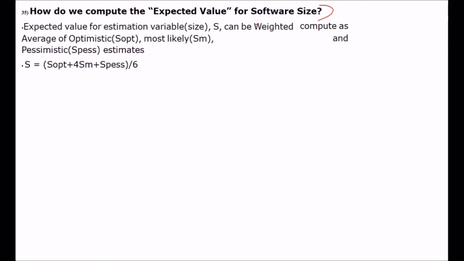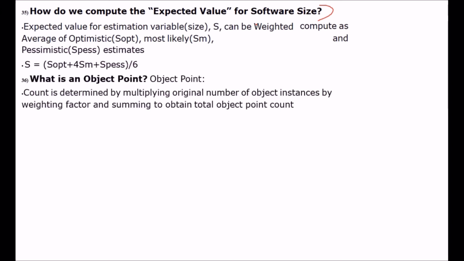For that, people have devised various techniques. So let us start with this. The basic one is this: the expected value of the estimated variable, that is size S, can be computed as the weighted average of optimistic, S-OPT, most likely, which you multiply by 4, S-M, and pessimistic, S-PESS.